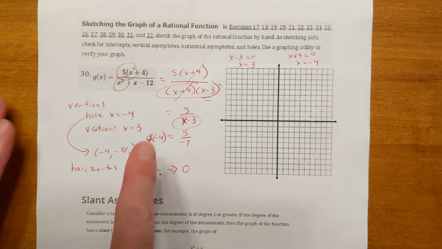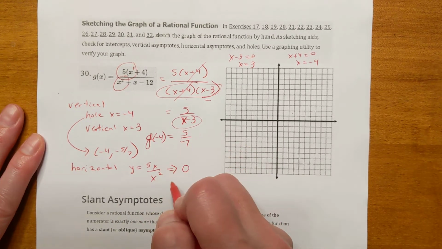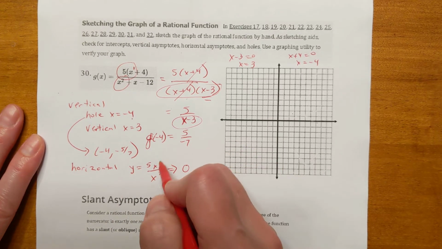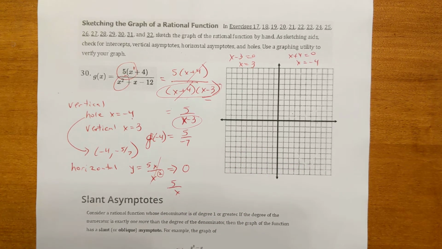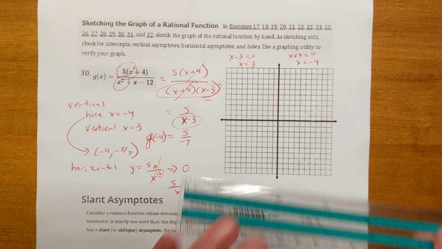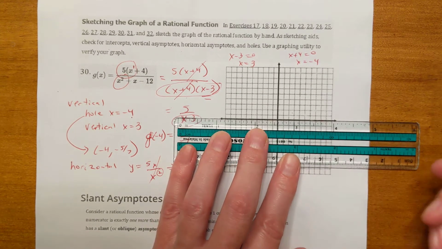Because when you clean up the x's, it is 5 over x still when you cancel out one of the 2 x's in the denominator. So as the graph approaches infinity, 5 divided by infinity gets super small, and it gets closer and closer to being 0. So we've got the horizontal asymptote y equals 0.